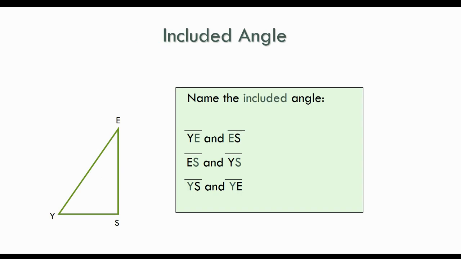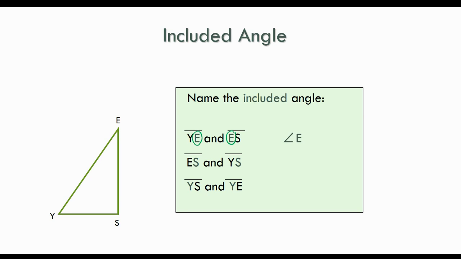So if I gave you this triangle YES and I said name the included angle and I gave you the 2 segments, notice how in this first one, segment YE and the segment ES, they both share the same letter. If you were then to look at the diagram and mark it up, you would see that angle E is the included angle. It's in between.